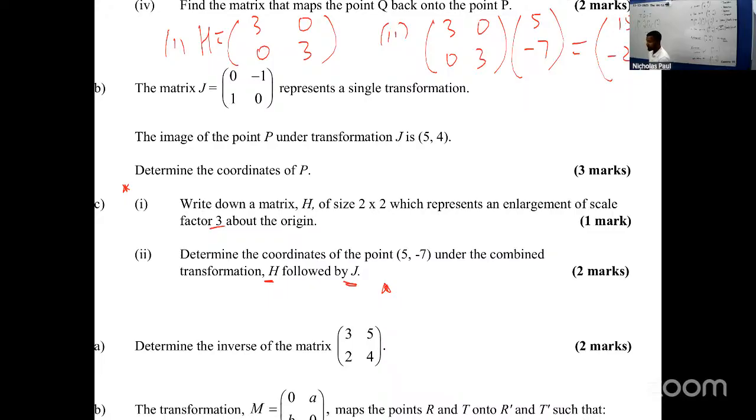Anybody got that? And then after you do that, multiply again. What are you multiplying by again? G, right? So you're multiplying 0 minus 1, 1 0 by 15, minus 21. When you multiply, I got 21, 15. That's my final answer.